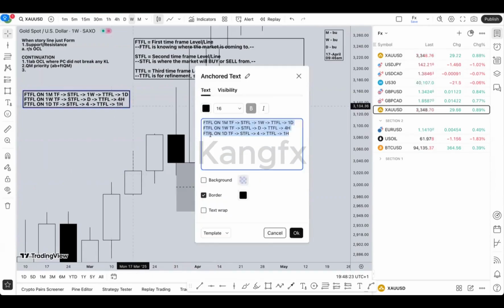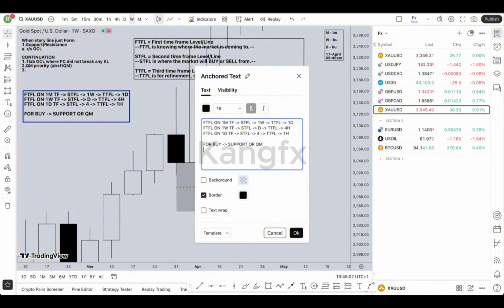Now, when we go down to our STFL, if you want to buy, what do we look for? We look for only two things on our STFL. On STFL, we are going to look for only two key levels. For buying, the only thing we look for is going to be support or QM.